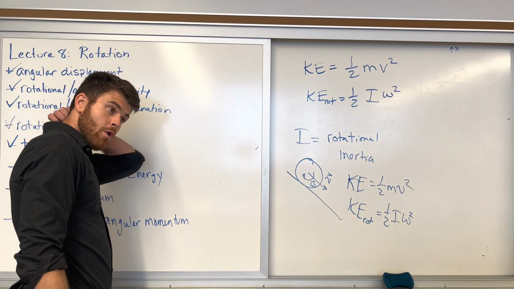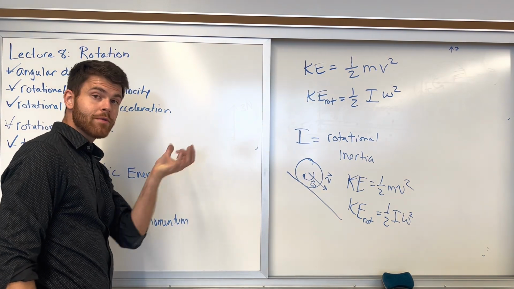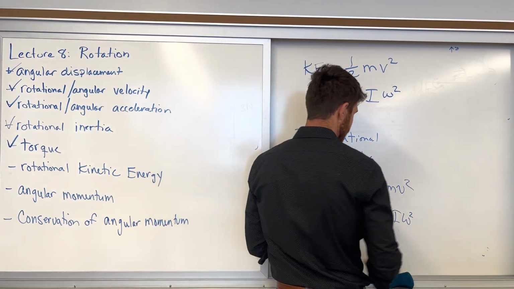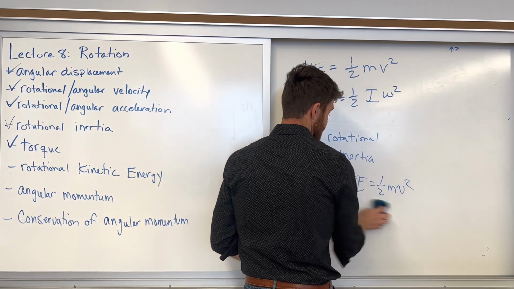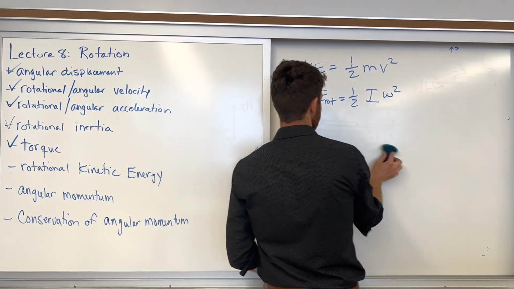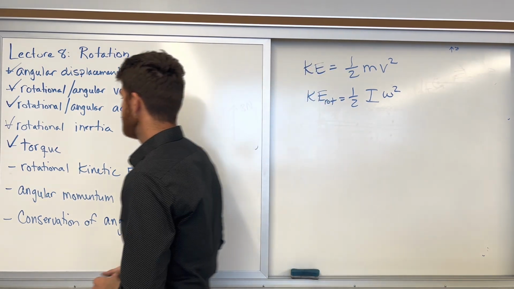So objects that are rotating have kinetic energy associated with the rotation too. This is easy enough to calculate if we have the rotational inertia and the angular velocity. So that's the rotational kinetic energy.